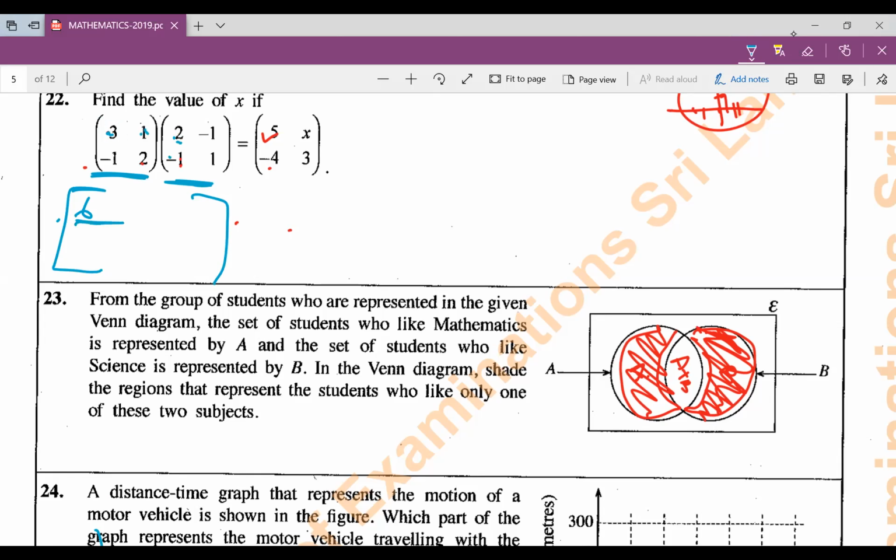There are 4 spaces going to be filled. So here it will be this into this plus this into this. So 3 times 2 is 6. 1 into -1 is -1. So that is what is going to come here. And this line into this line will become here.